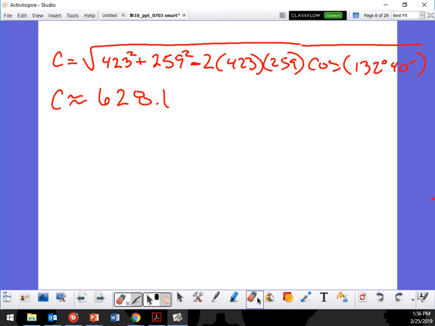Meters. Miles is MI, right? So is this all? That's pretty easy, right? No, you have to have at least one side. You can solve sides, but you can't solve an angle.